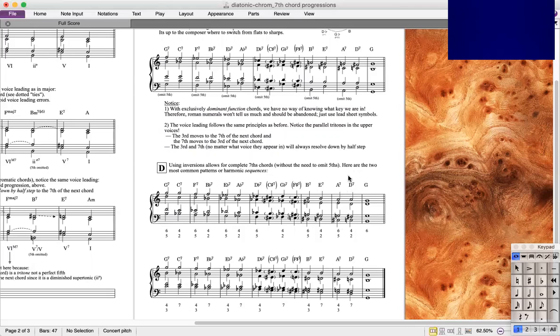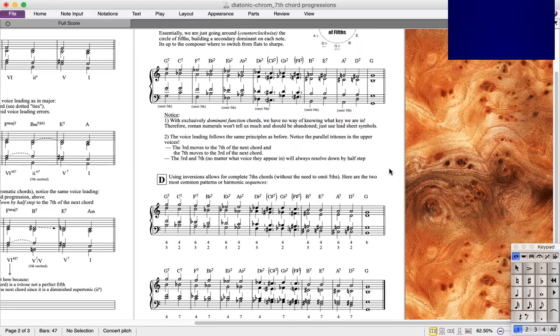So this D7, where we end it, resolves to a G triad. It could just as easily resolve to a G minor triad, right? And then we would say, oh, it sounds like we're in G minor, right? 5 to 1 in G minor, because remember the dominant chord is the same, whether we're in major or in minor. 5/7 is a 5/7. That's what makes this chord sort of the backbone of so much music.